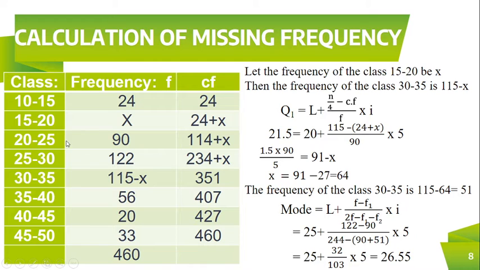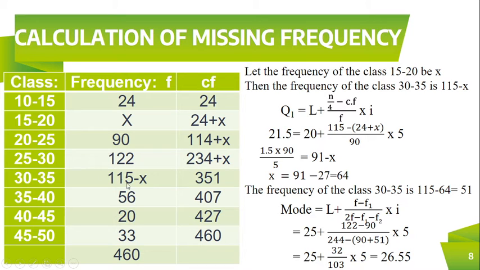And the class size is 5. So having substituted these values, we solve this and arrive at the value of X. The missing value X is found out to be 64.